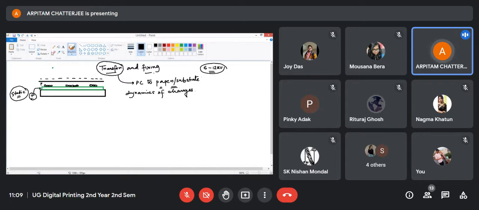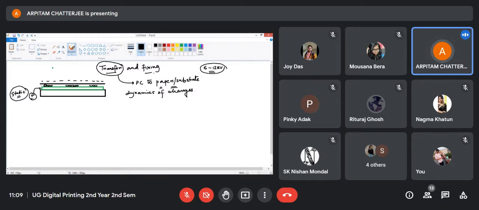Now here, in most of the cases, what happens? We don't use this gap over here. To ensure a better transfer, we normally do it in contact. That means it is something like this. Okay. So let me draw it a bit better.